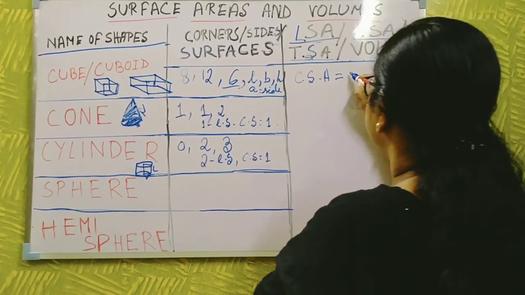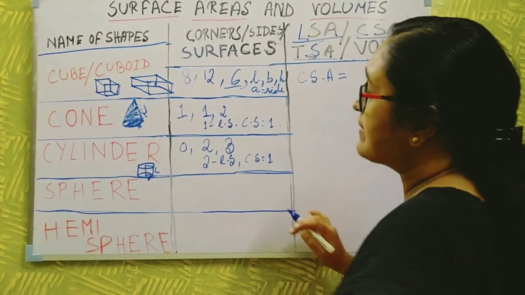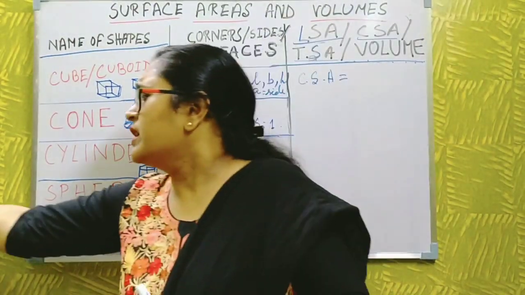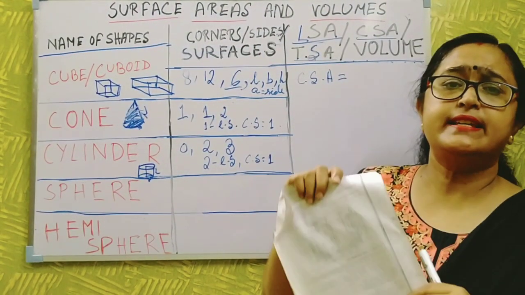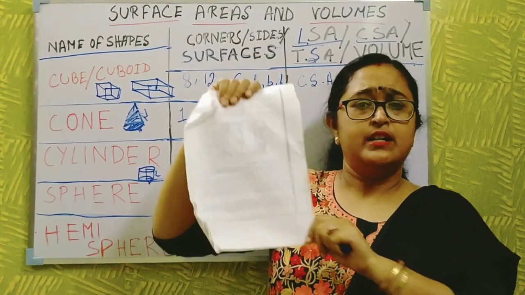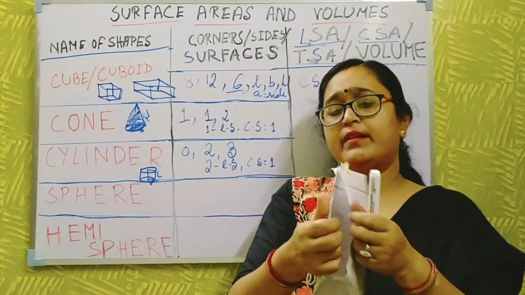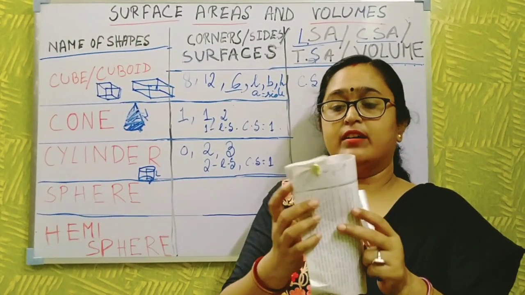Now the curved surface area of the cylinder. All of you look, this is a rectangular paper. Now I make this into a cylinder.